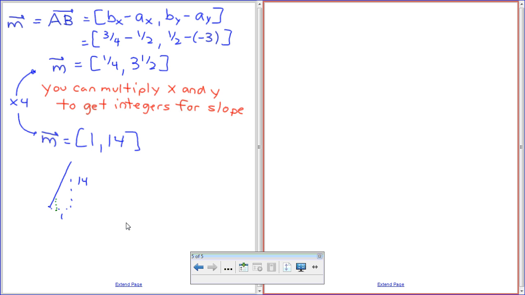This is sort of fundamental to the rest of this unit. Okay, so this is called expressing equations of lines using vectors.